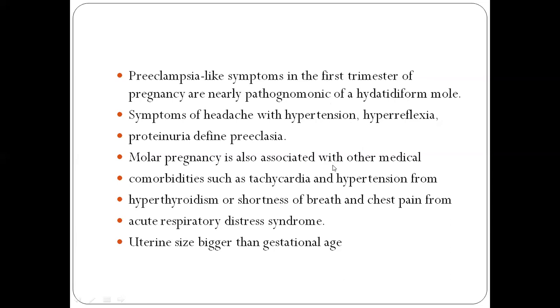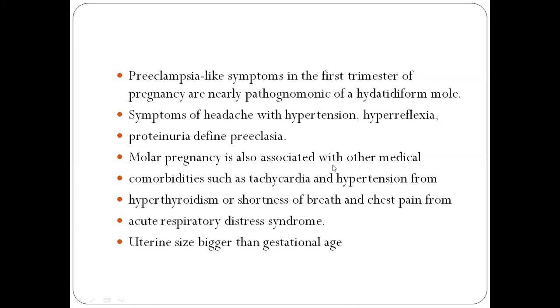And of course, with suspicion of the same, the gold standard for diagnosis of molar pregnancies is a pelvic ultrasound, which will pick up vesicles. For partial moles, you have vesicles and you'll also have a fetus.